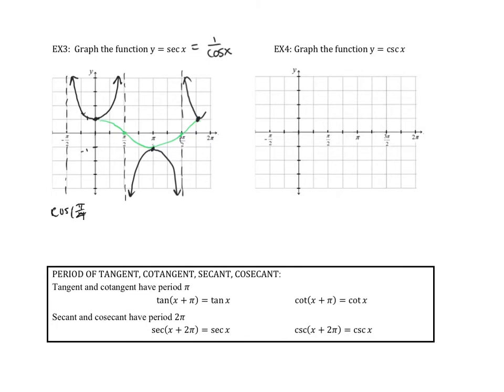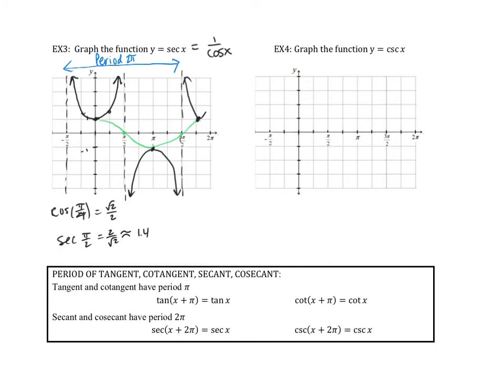Cosine at pi over 4 is root 2 over 2, and so the secant there would be the reciprocal, about 1.4. So if you plugged all those numbers in, you would get this graph. And what's the period? That would be the amount of time it takes to repeat the cycle. We have this graph going up and then down, up and then down, and so the period for the repeat of that whole cycle is 2 pi.